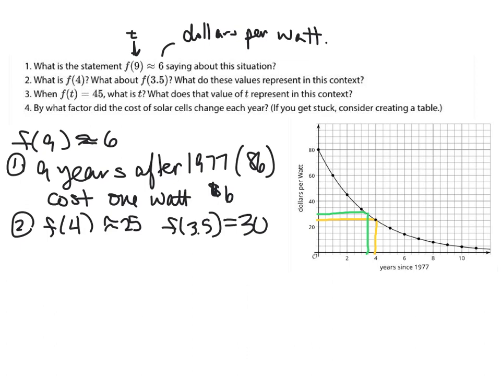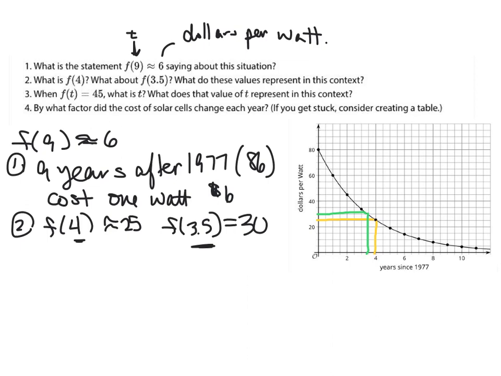So at 3.5 years after 1977, it's $30 per watt. Cool. These values represent the cost in dollars of 1 watt of solar energy in 1981 and halfway through 1980, between 1980 and 1981.